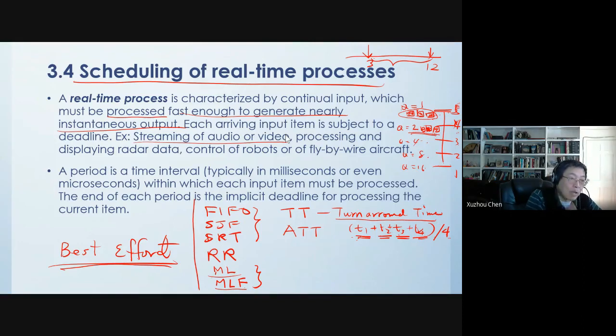But for real-time voice, my voice has to be transmitted and reach the destination within a certain time constraint. For example, if two people are communicating on the telephone, if I speak, my voice has to reach you within about a second.